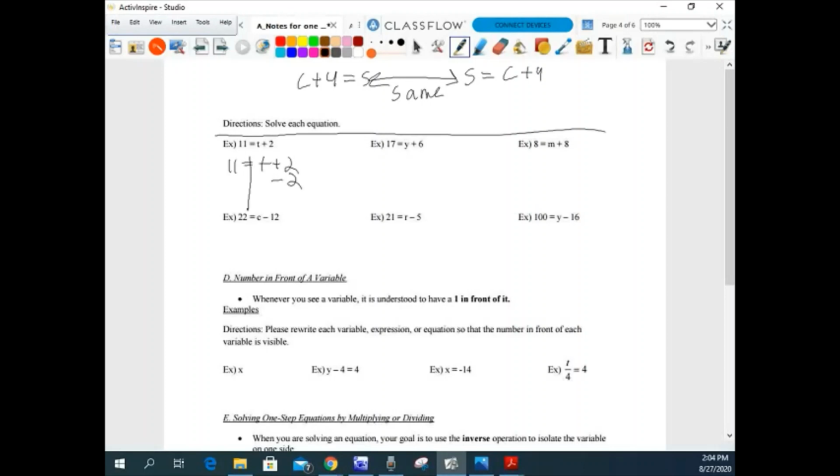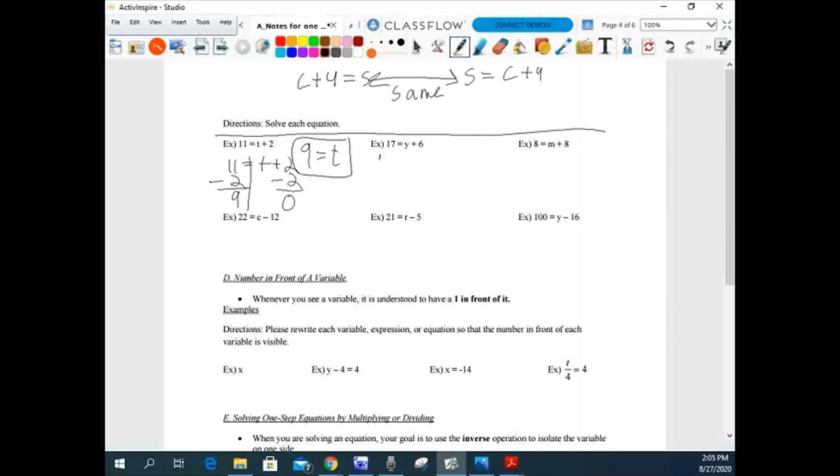And then what we do to one side, we do to the other. Minus 2 on both sides. So now I have t. Oh, I wrote that wrong. Let me write that better. So 11 minus 2 is 9. 2 minus 2 is 0. So I'm going to have 9 equals t. There's my answer.